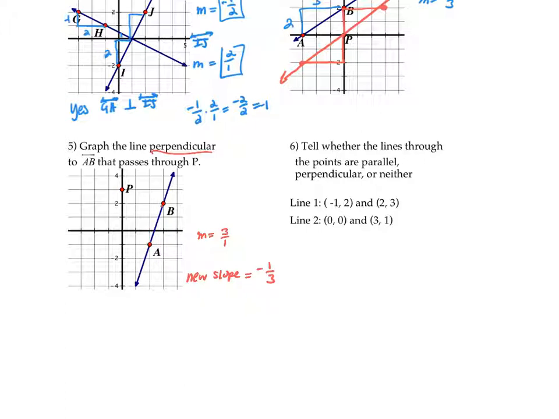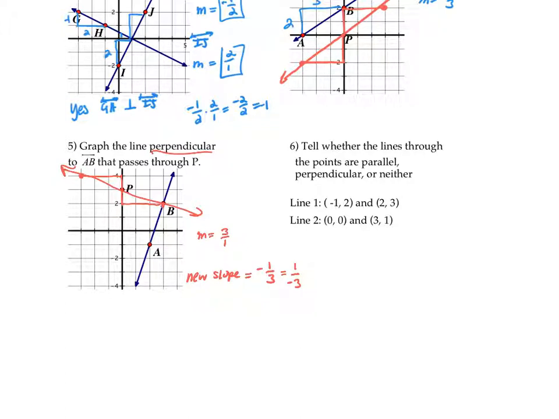Let's check this out. If we graph it, we start at point P and use our slope, going down 1 to the right 3, or you could have gone up 1 and to the left 3. Then just connect our points. I wish I had a ruler to make a straighter line. Remember that if your slope is -1/3, you could also do 1 over -3.